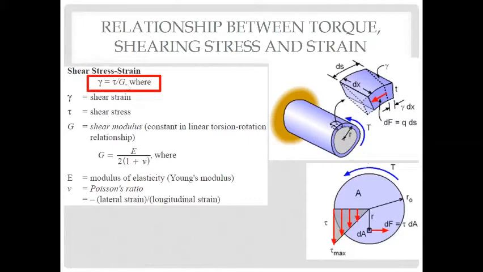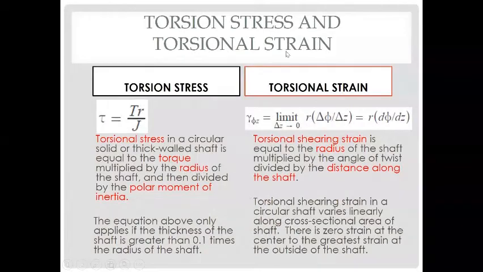Or maybe the easy way for you to remember it would be shear stress is equal to G times the shear strain, similar to normal stress equals E times the normal strain. So we have a relationship for shear strain based on Hooke's law. You have another relationship for strain, based on the angle of twist.